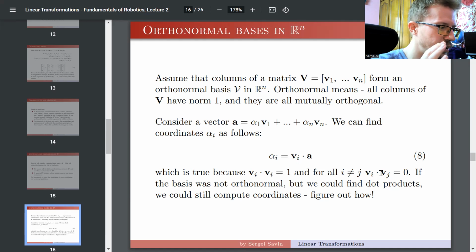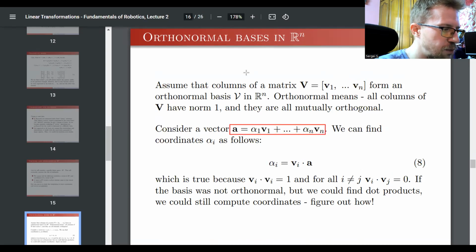The way you can do it is you just write out this definition, right? Like let me show it. You get this definition. You multiply it by v1, for example.